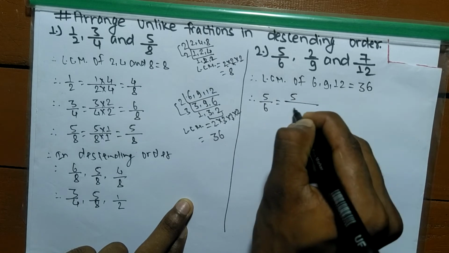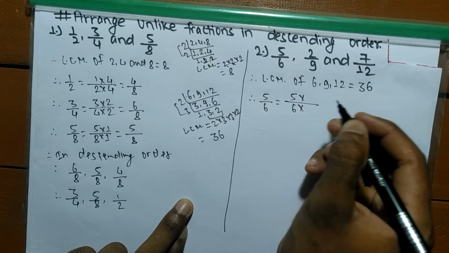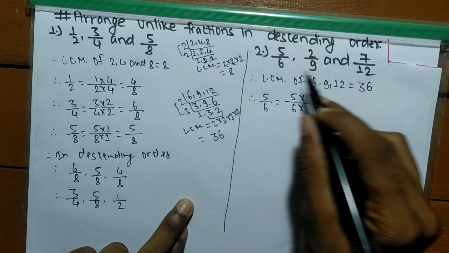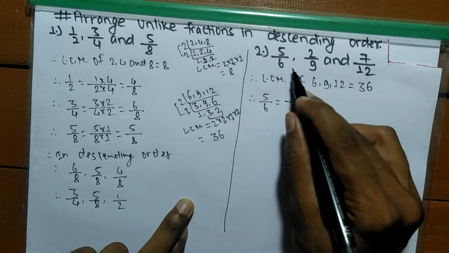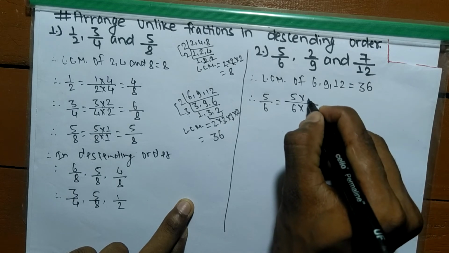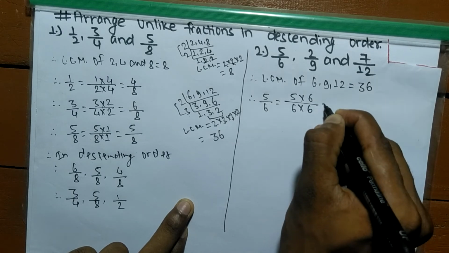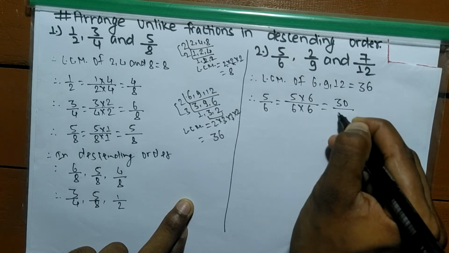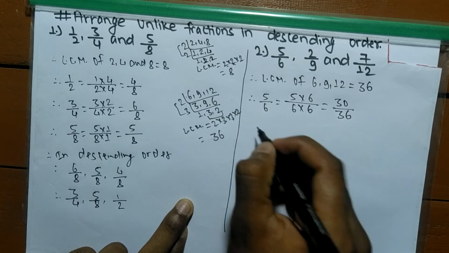Now we divide the LCM by the respective denominators. Here 36 divided by 6 is 6. So multiplied by 6, 5 times 6 is 30, and 6 times 6 is 36.